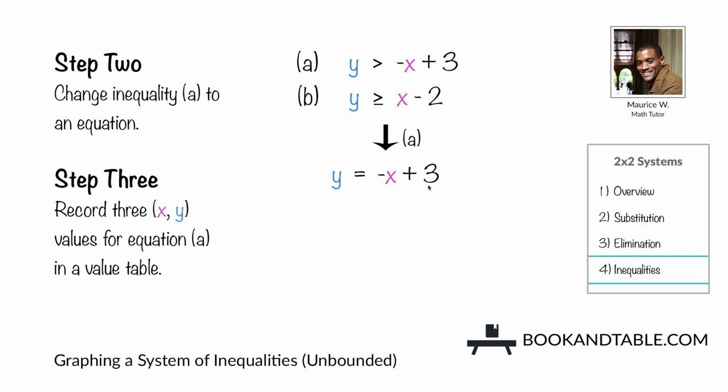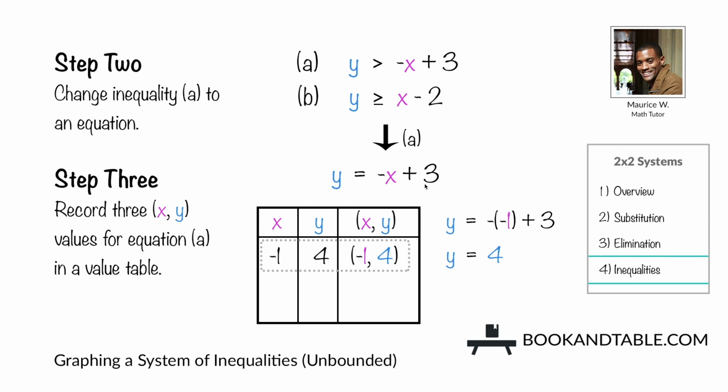In step 3, we can record 3 xy values for equation A in a value table. So since we'll be sketching these lines in a coordinate plane, I am always going to use negative 1, 0, and 1 for our x values whenever possible. That way we get the points closest to the origin and sketch our lines closest to there.